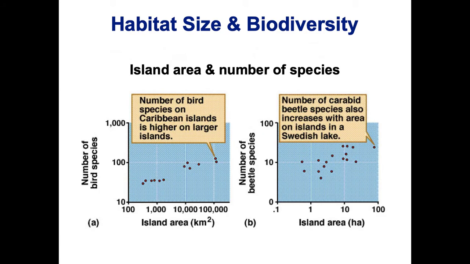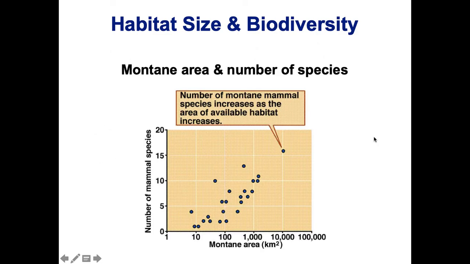Here are some examples. We have the number of bird species on Caribbean islands of different sizes, and you can see a positive relationship where bigger islands have more bird species. Over here, we get the number of beetle species on islands in a Swedish lake. Bigger islands, more species of beetles.